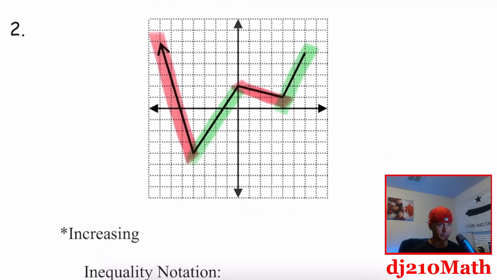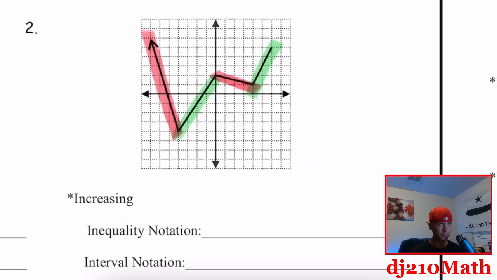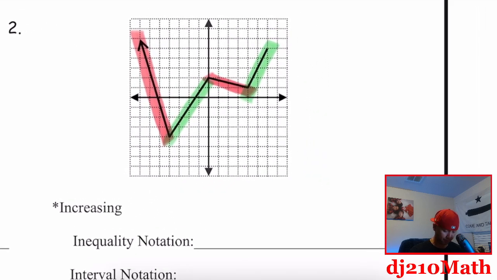So we'll start with increasing first. Where does the uphill journey begin? Uphill starts here. That's at negative 1, 2, 3, 4. So negative 4, and it's always parentheses no matter what. And it increases uphill to 0.